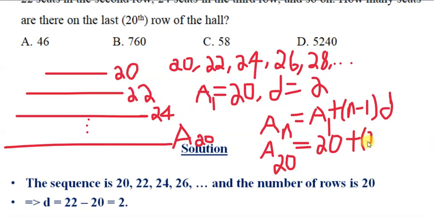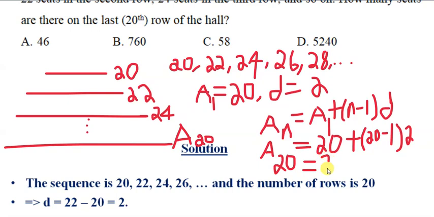Subtract 1 from 20, and multiply by our d, which we already obtained, 2. Perform the operation in the bracket first, and then we get the following.